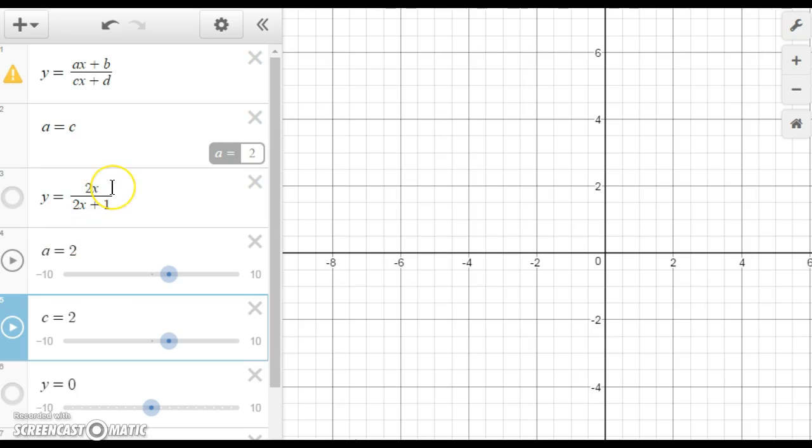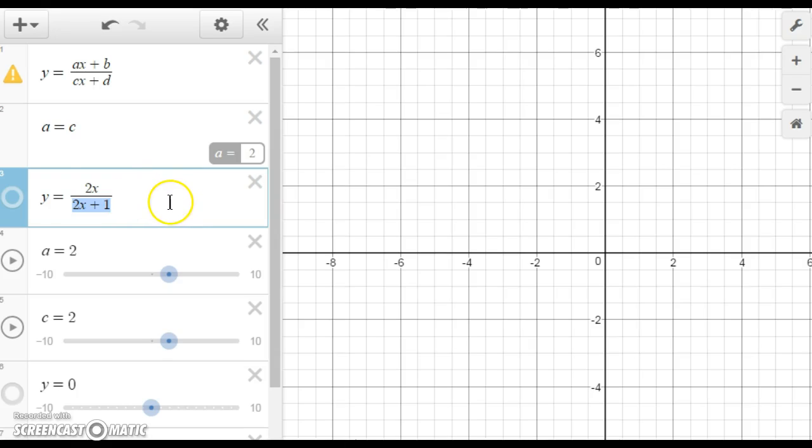Now, where are my asymptotes going to be? You should be able to find out where the vertical asymptote is, because vertical asymptotes connect to my domain, and my domain is where my x values can be. My x values can be anything, but whatever value makes the denominator 0, that's where my x cannot be.